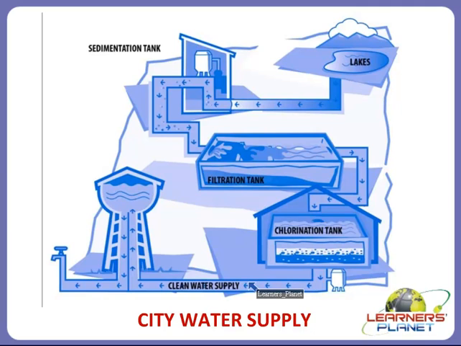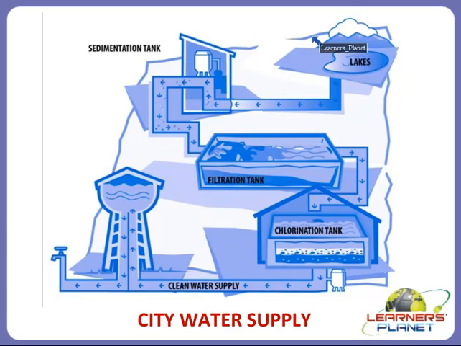And after that, clean water is supplied to the users or to the homes. You can see the tap here, right? So this is supplied to the city where the houses are situated, right?